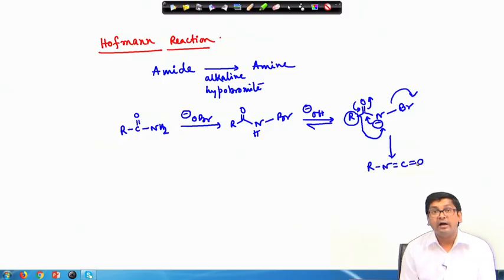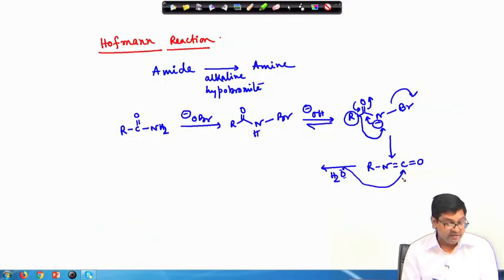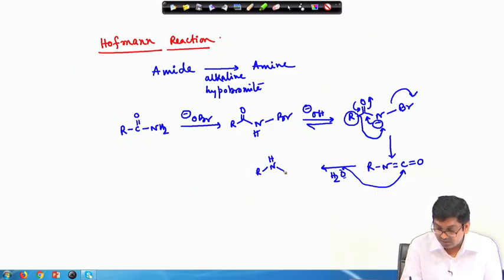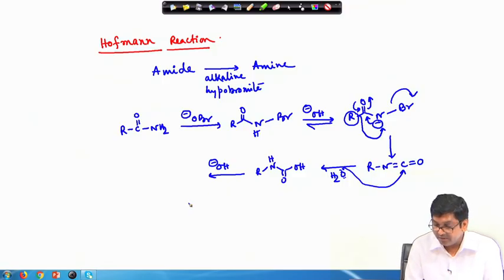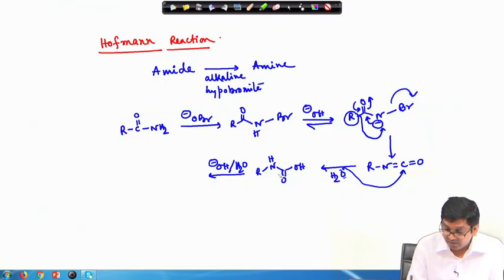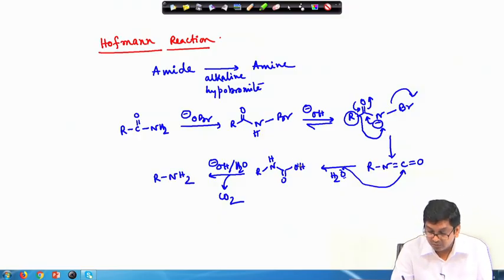You will get the very important isocyanate intermediate, and then water, if it is the nucleophile, can attack this electrophilic center and give this intermediate, which again in basic condition will eliminate the carbon dioxide and give the corresponding amine. Okay.